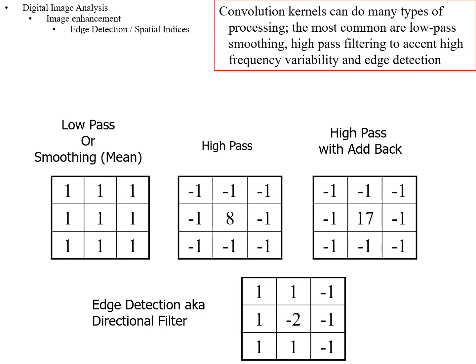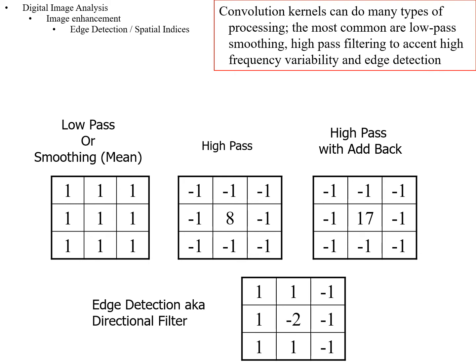A high pass with add back is just the high pass filter, but with the value of 9 added to the central pixel. So your output image is the original value plus that high pass filter.